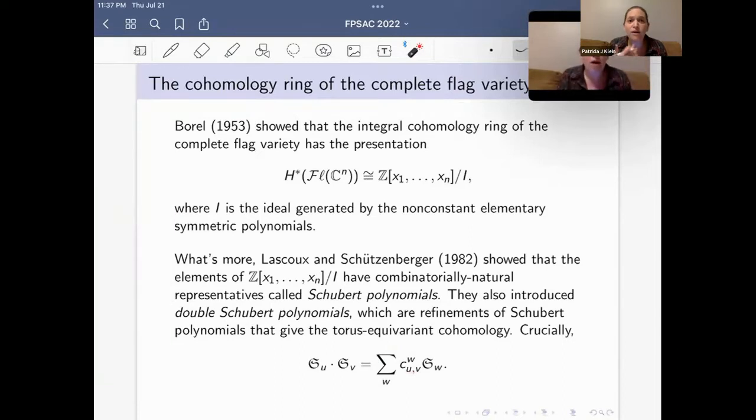They are non-negative integers, and what they do is they count points of intersection of Schubert varieties determined by u, v, and w. So it's counting points of intersection in varieties that tell us about multiplication in this cohomology ring. So this is one reason why we really like Schubert polynomials. We really like the Schubert structure constants.